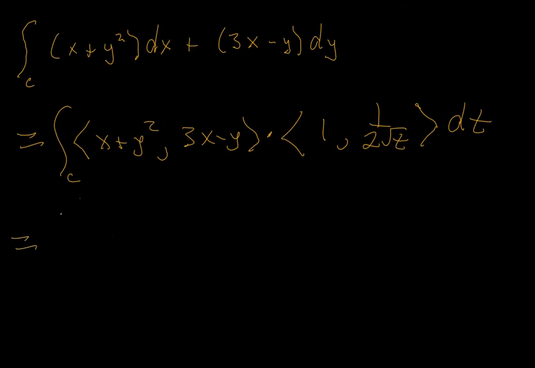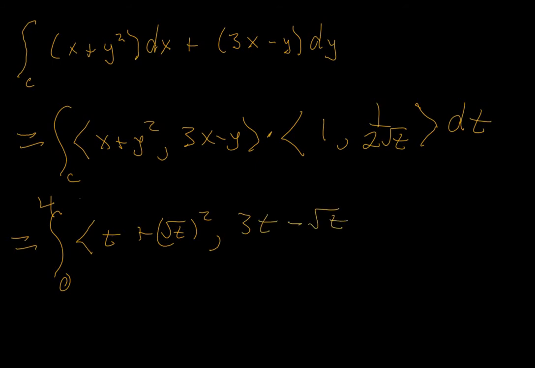So we'll set this line integral up. That will be equal to the integral from 0 to 4. Where it says x, we put in t. Where it says y squared, we put in square root of t squared. Where it says 3x, we put in 3t minus y, which is the square root of t, dot product 1 comma 1 over 2 root t with respect to t.